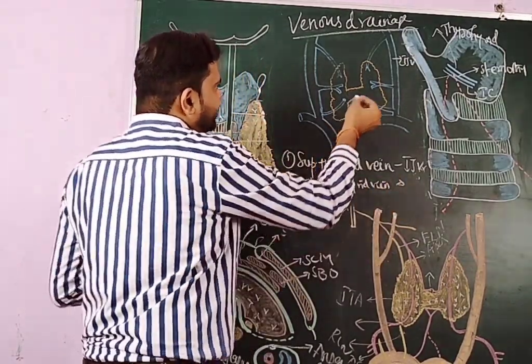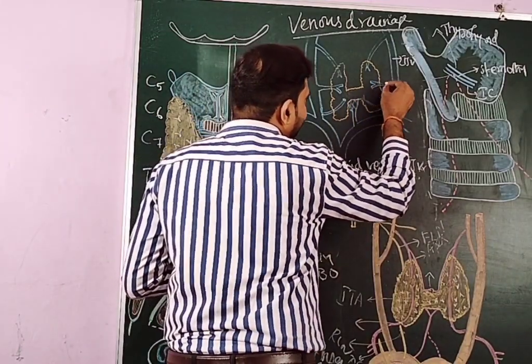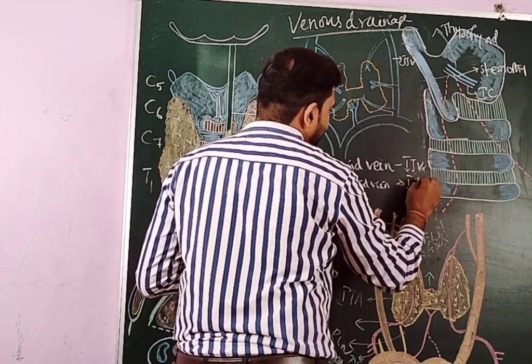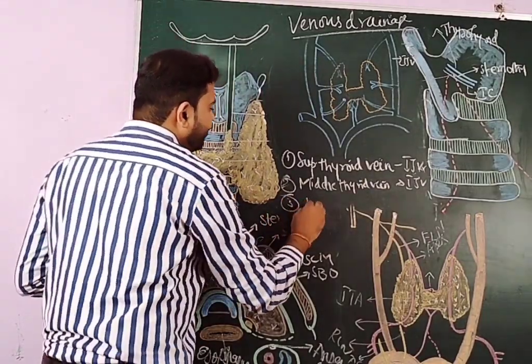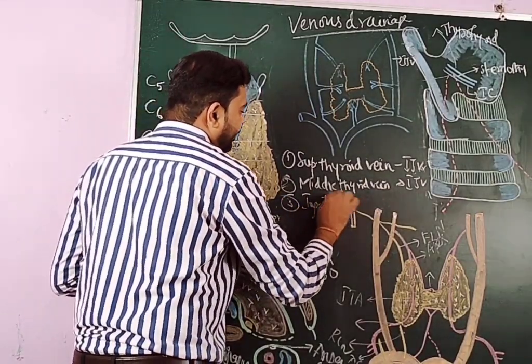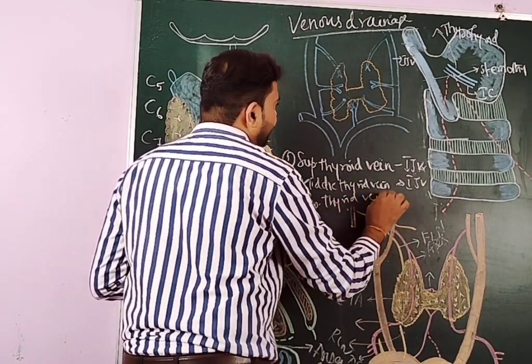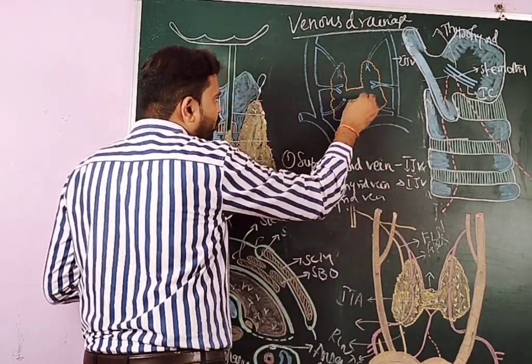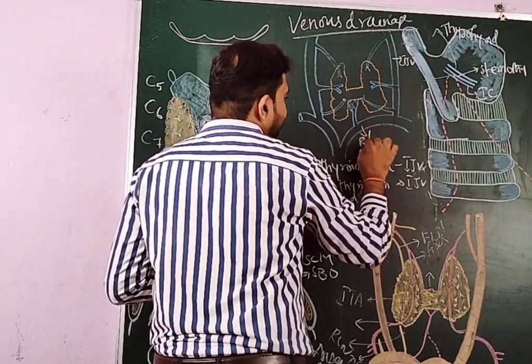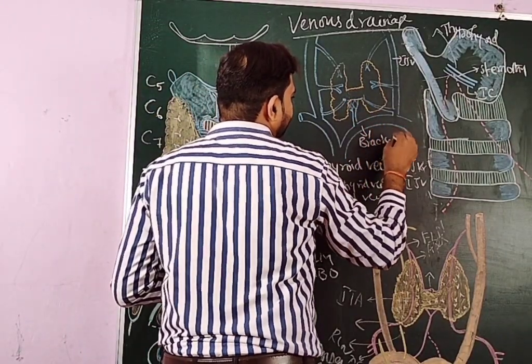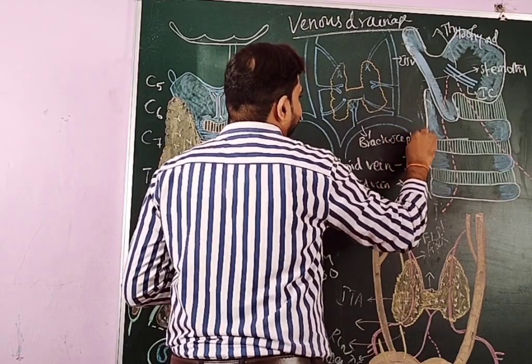It's a wide venous channel, which drains into the internal jugular vein. Next, the inferior thyroid vein. This inferior thyroid vein emerges from the lower border of the isthmus and drains into the brachiocephalic vein, the left brachiocephalic vein.